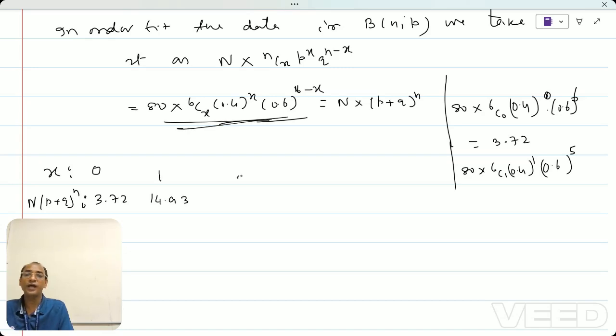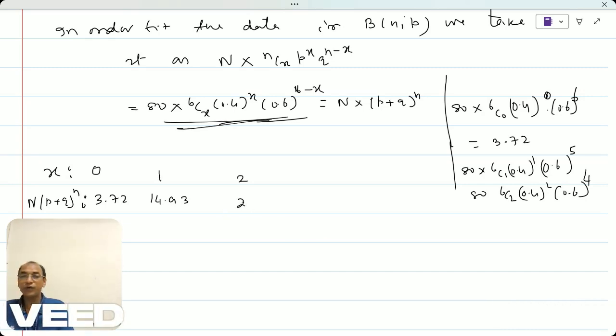Similarly, for x equal to 2, 80 into 6C2, 0.4 to the power 2 and 0.6 to the power 6 minus 2, which is 4, you will get around 24.88.